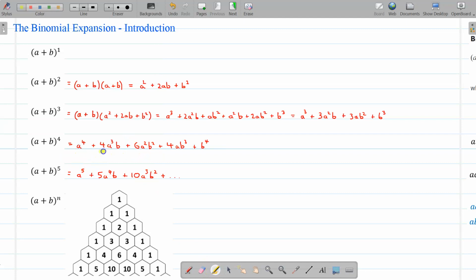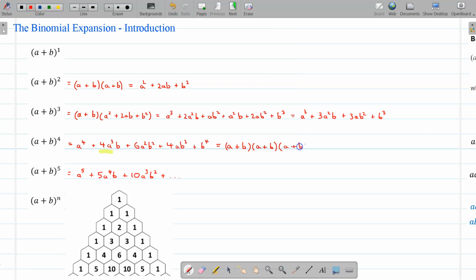So let's look at why these numbers come about. Let's take, for example, this here, the 4 in front of a cubed b. Why is that the number 4? Let's consider this. We could write a plus b to the power 4 as a plus b times itself 4 times. That's what we actually mean by a plus b to the 4.